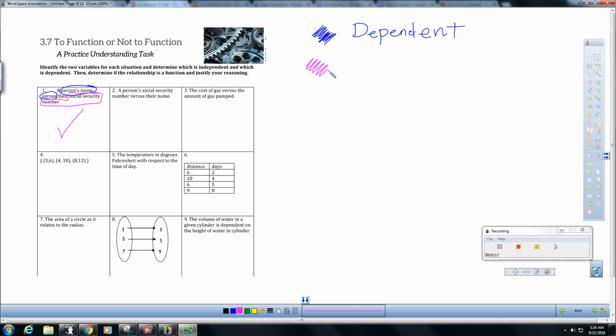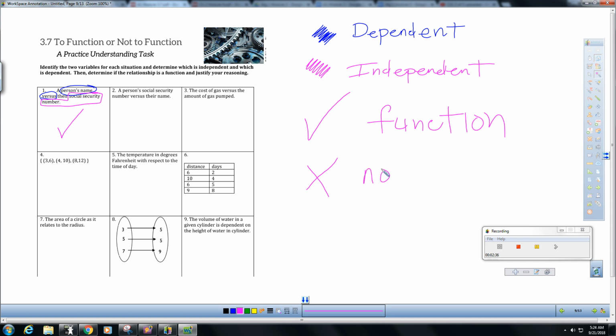This is going to be the independent. Okay? That means it's a function. We can have that in either color. I'll be switching back and forth in colors. And this means it's not a function. And that's how we'll mark each one of these situations.